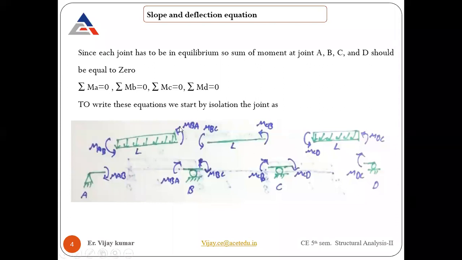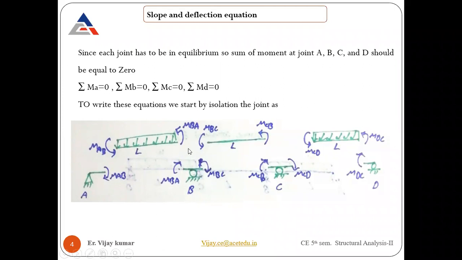To write these equilibrium equations, first of all, we have to isolate the joint. Isolation is nothing but cutting the section, making the free body diagram, and representing the moment forces that are going to be released. Here we are only dealing with the moments. That's why no other force is shown.